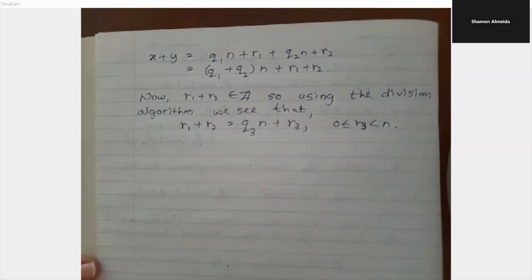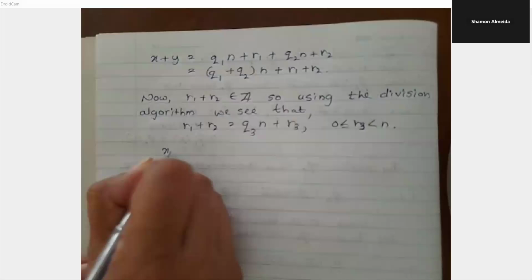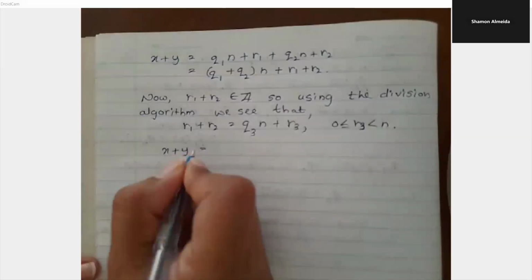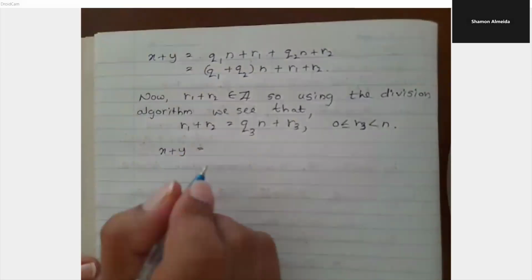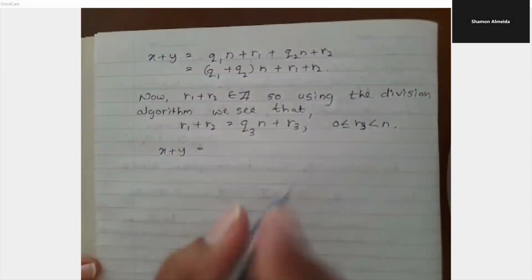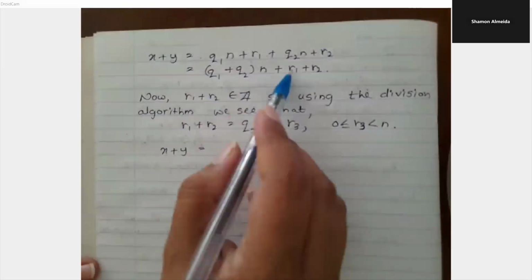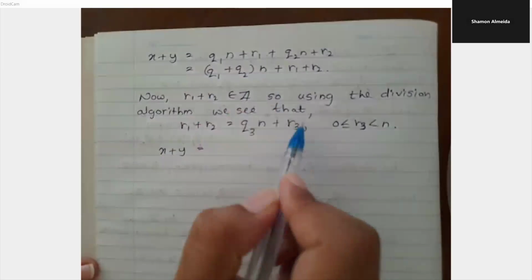Between 0 and n. Now going back over here, we have x plus y equals Q1 plus Q2 times n plus R1 plus R2, which we can replace by this one.